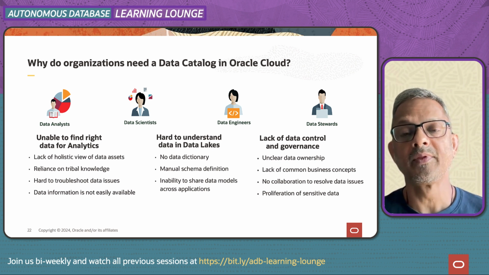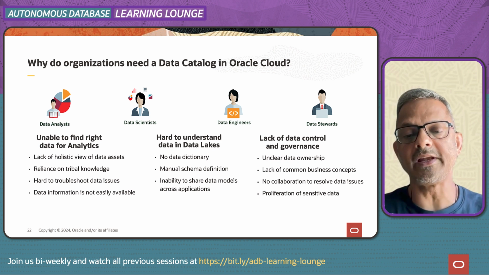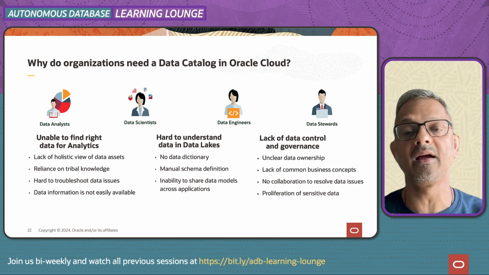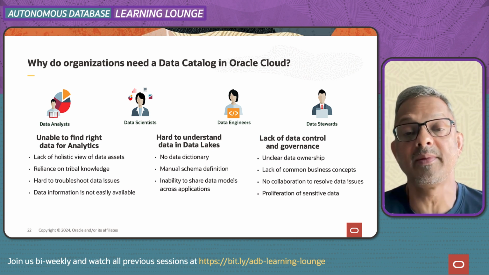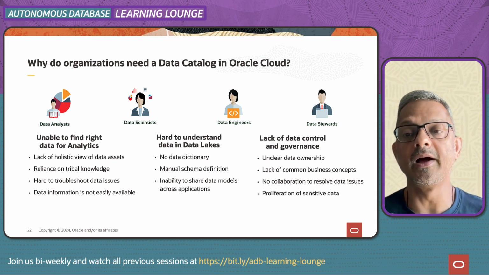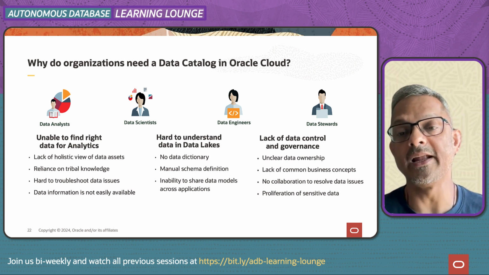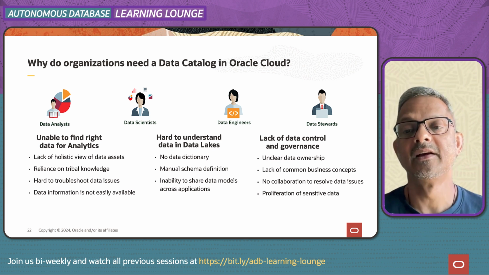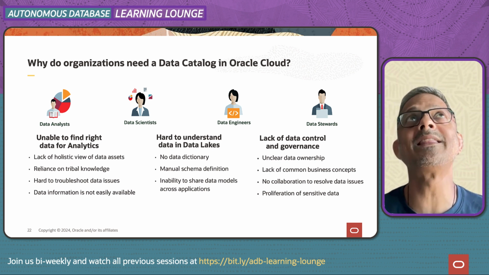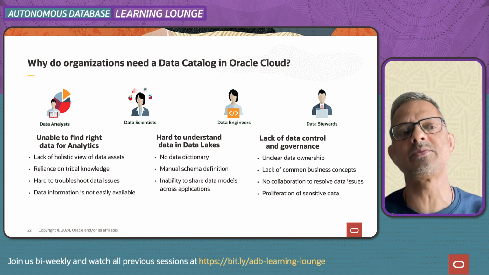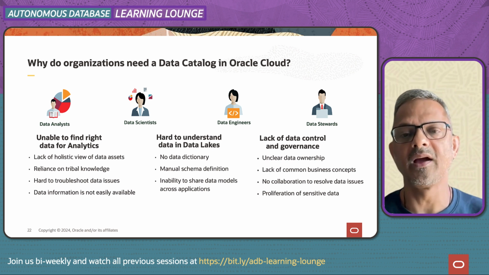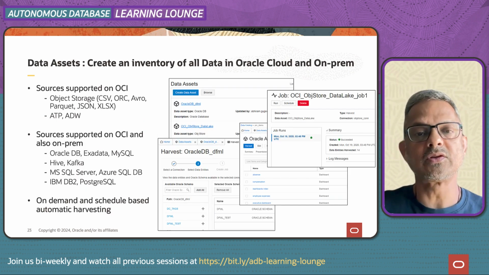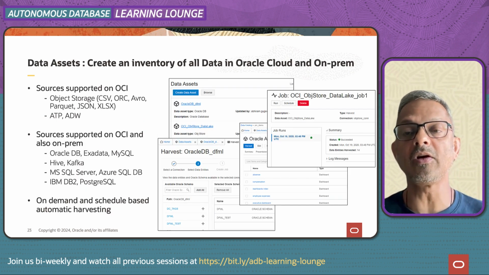Also, before the data is curated, it's difficult to make sense of it because it could be high-dimensional data with so much information that most of it may not make sense to you at all. And also, you need to understand how the data is governed within the enterprise. Who owns the data? Who should you ask for permission to access the data? How do you relate the data to business concepts? Do you know it's customer data? Do you know it's relationship data? Do you know if it's geography data, and so on? So that's why people access the data catalog.